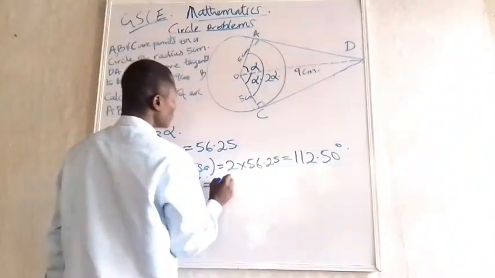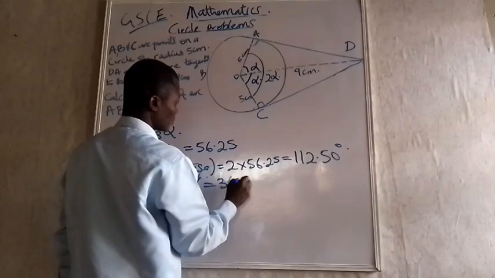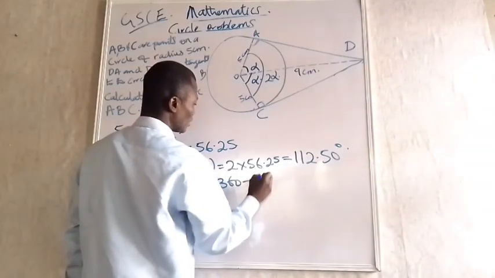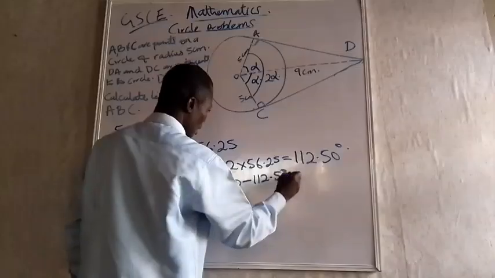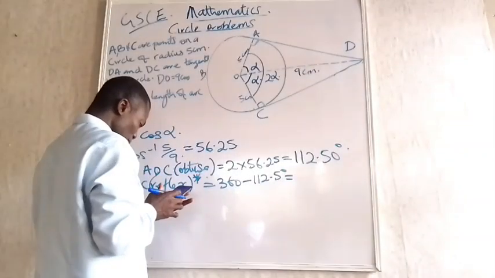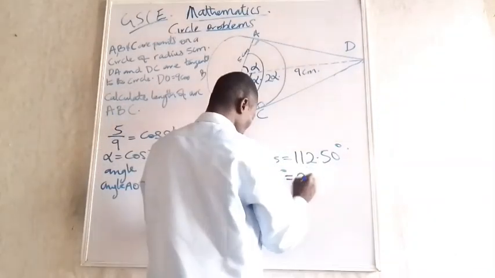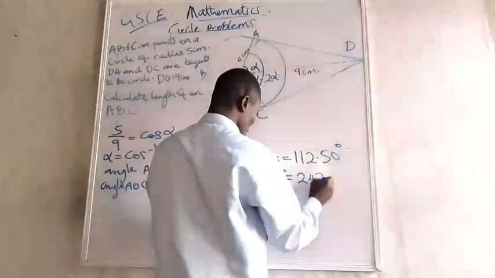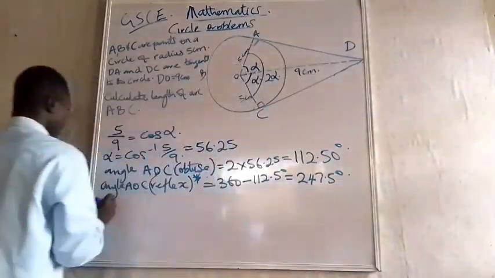It will be equal to 360 minus 112.50, and that is 247.5 degrees.